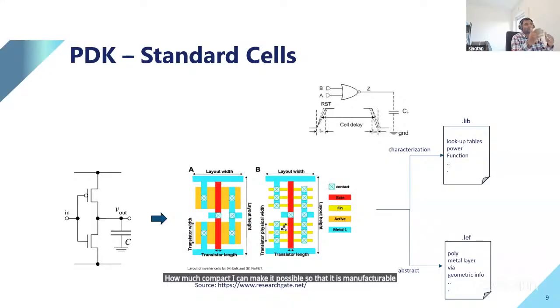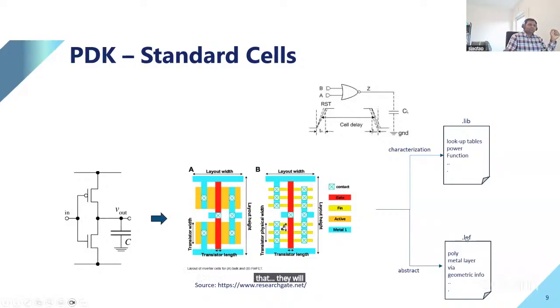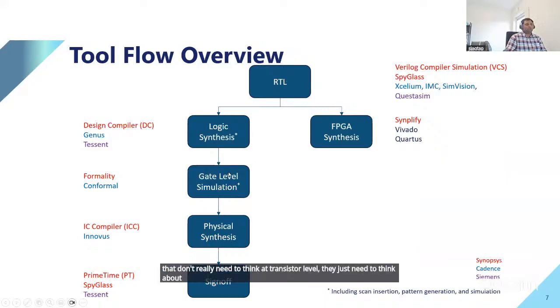So again, take note that I'm talking about manufacturability. Once you get that structure, they will put that information into the LEF format. So the tools working at this level don't really need to think at transistor level. They just need to think about block level.